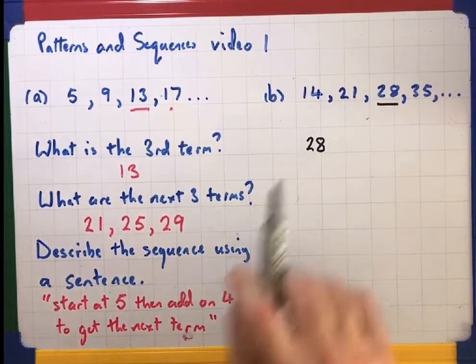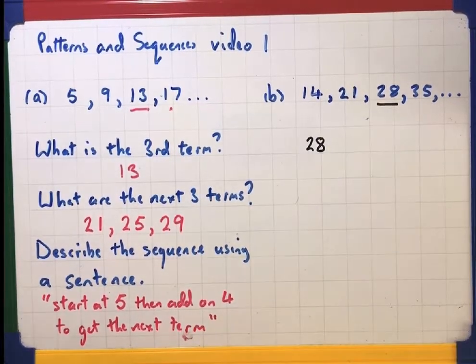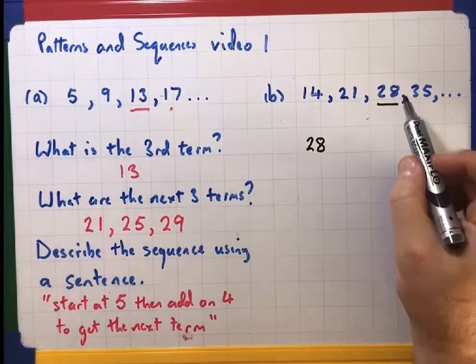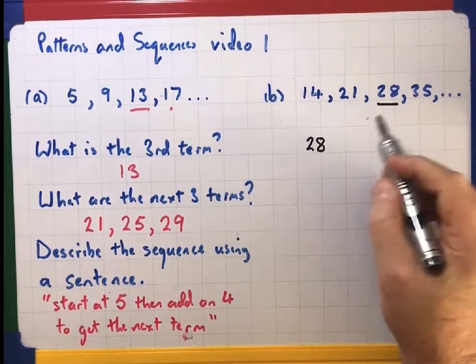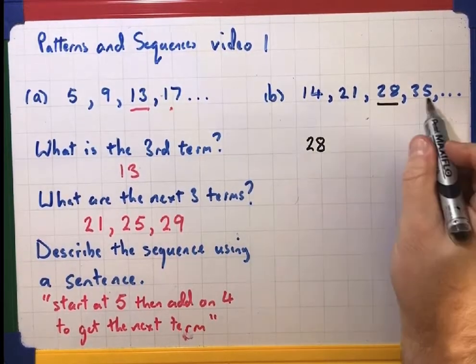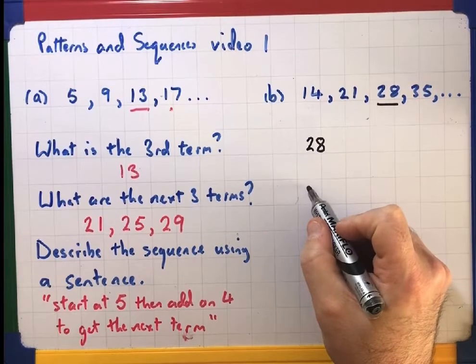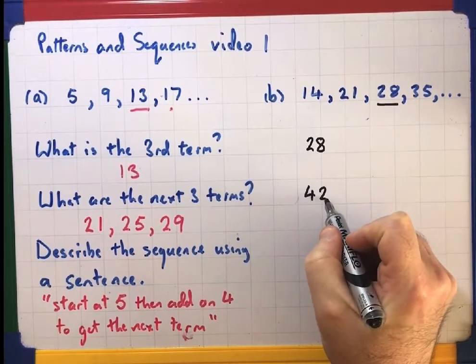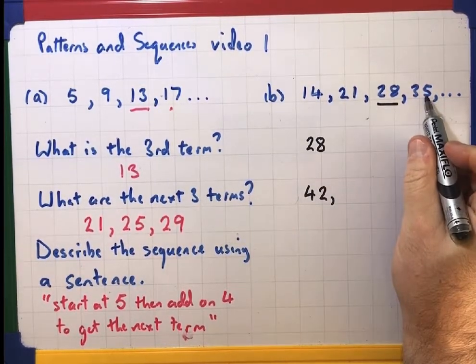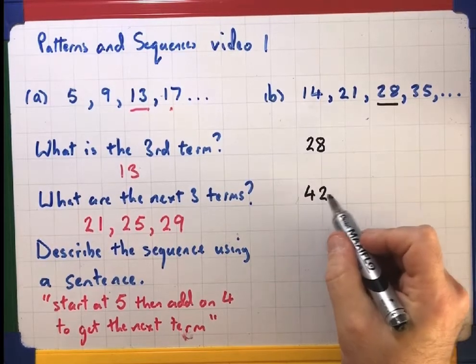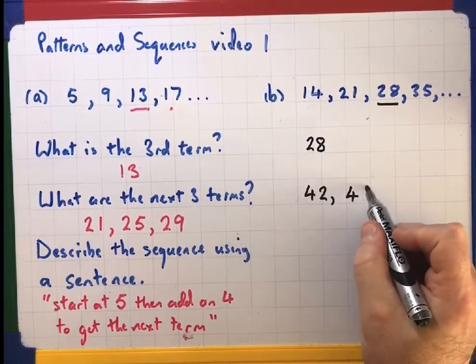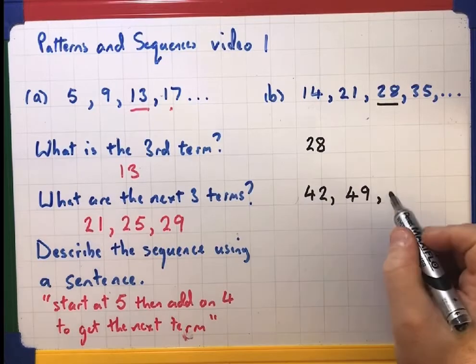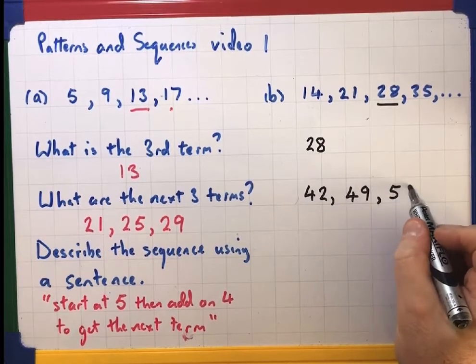You can either think of it going up by 7 each time, or you could think of it as the 7 times table, starting with 14. So what are the next three terms if it's going up by 7 each time? The next one is going to be 7 on top of that, which is 42, because 35 plus 7 is 42. The next one, 7 more than that, is 49. And the next one, 7 more than that, is 56.